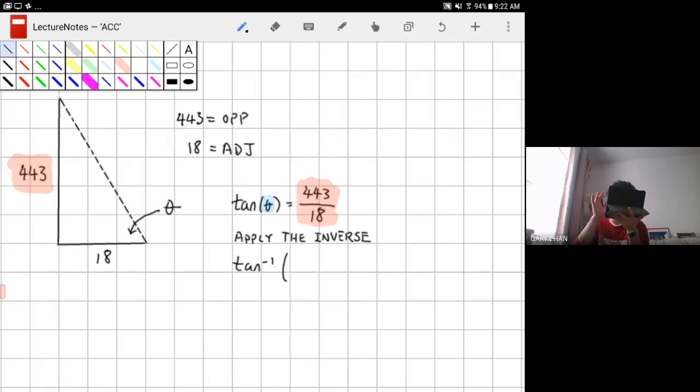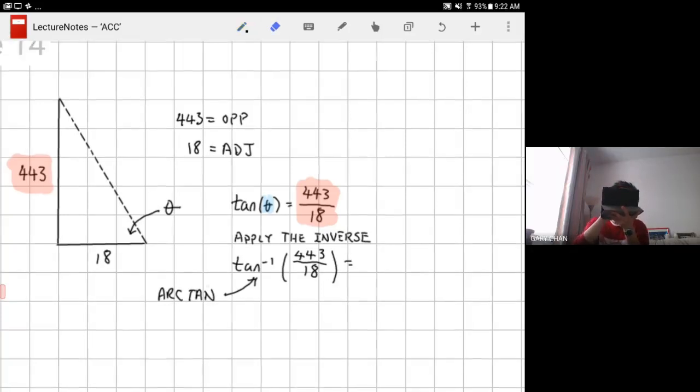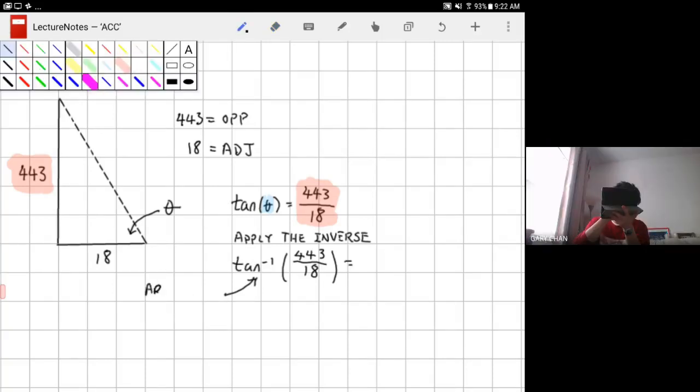It's not an exponent, okay? The way we read this is arctan. Arctan of 443 over 18 will give us an angle. This is arctangent.